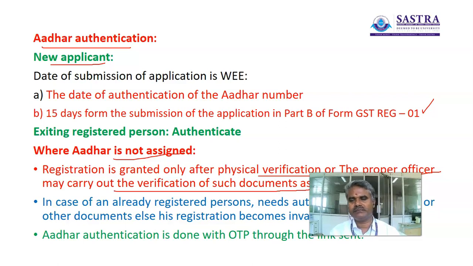Very simple. In the case of an already registered person, authentication of Aadhaar or the other document is needed, else the registration becomes invalid. In the case of an existing person, you have to submit the Aadhaar number or other relevant document, otherwise your registration will be cancelled.